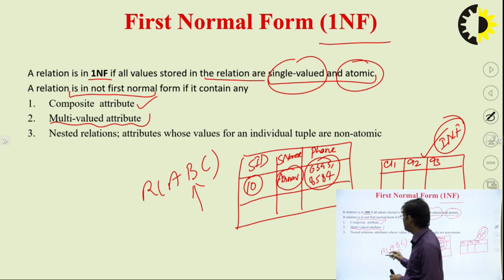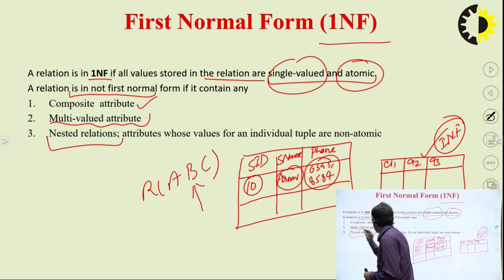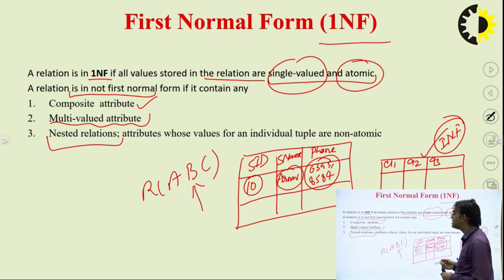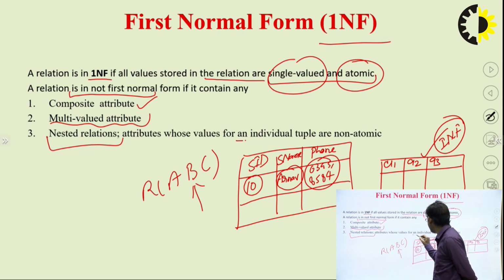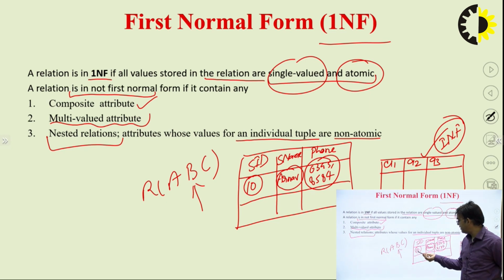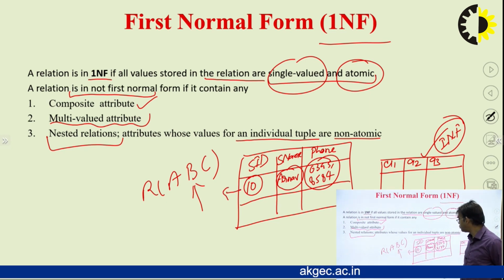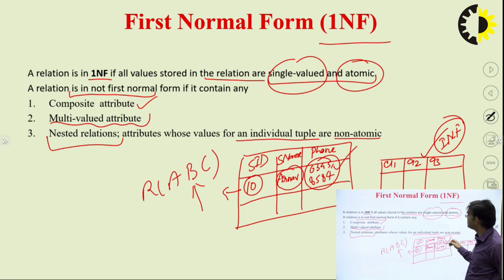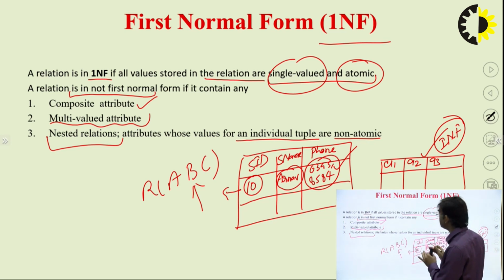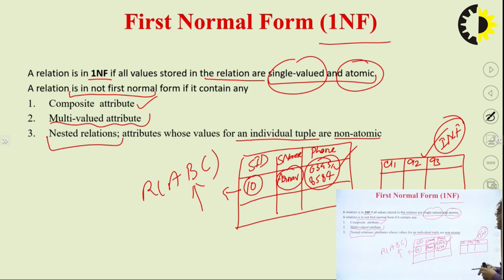Third condition is that if any relation contains a nested relation, meaning an attribute whose values for an individual tuple are not atomic. Let's suppose here it is 10, it is one tuple, and its values are not atomic because it contains multiple values. That's why this relation is not in the first normal form. Based on these conditions, we are able to identify whether the given relation is in first normal form or not.